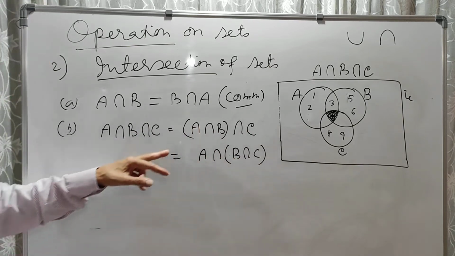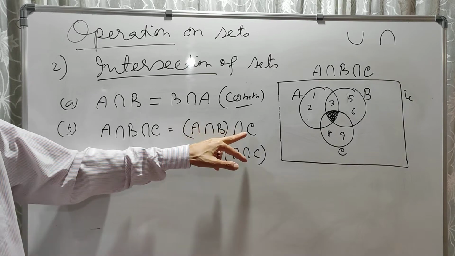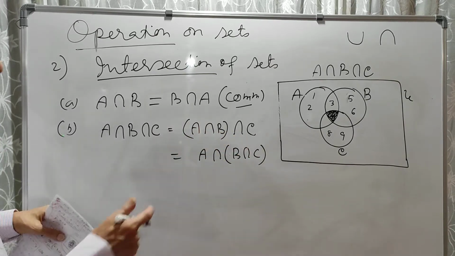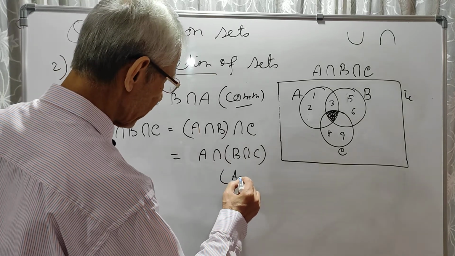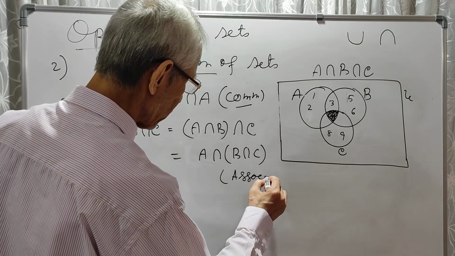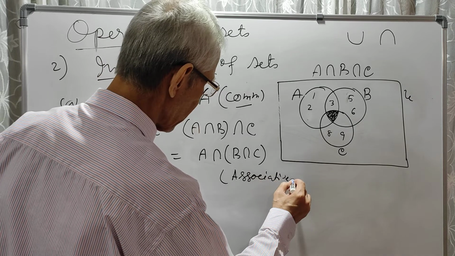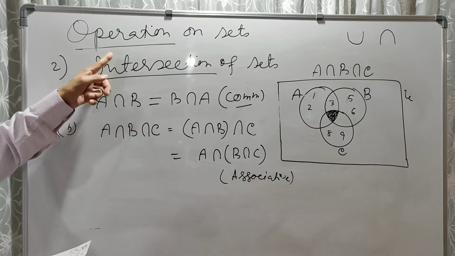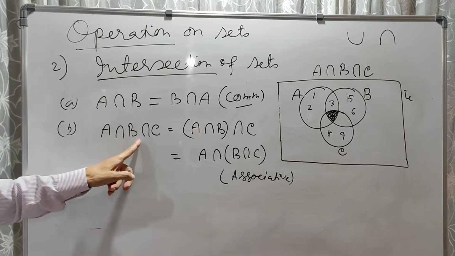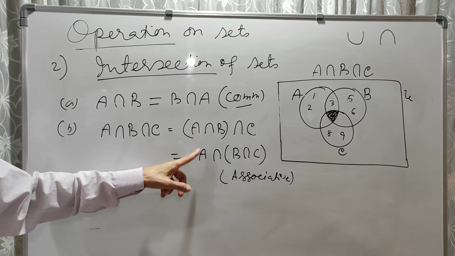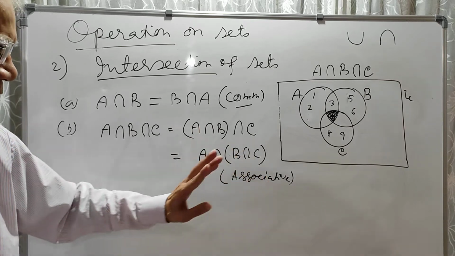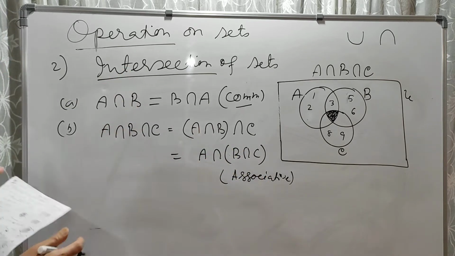So this is the associative property of intersection. This is the commutative property of intersection, and this is the associative property of intersection. Here we are associating A and B, and here associating B and C.